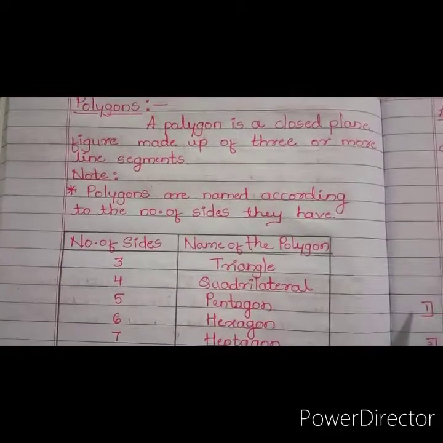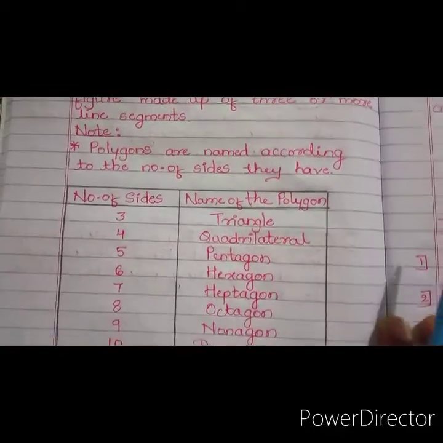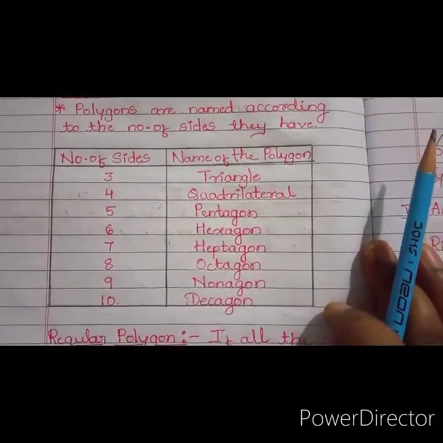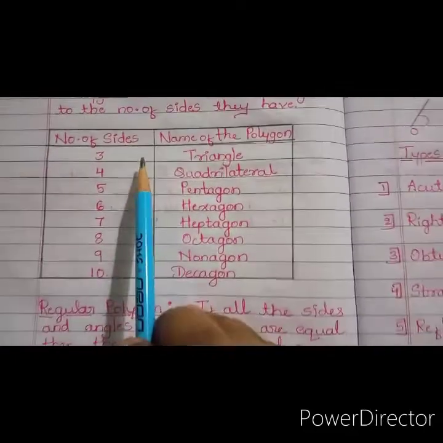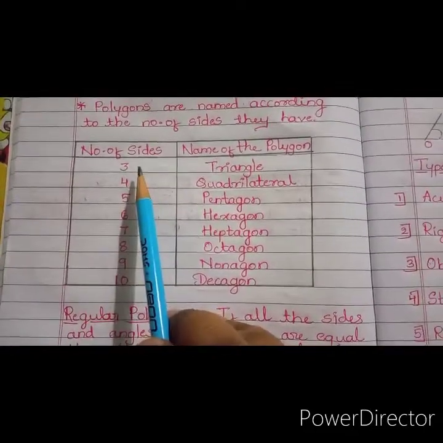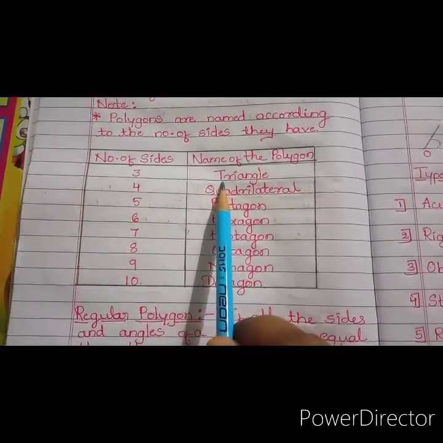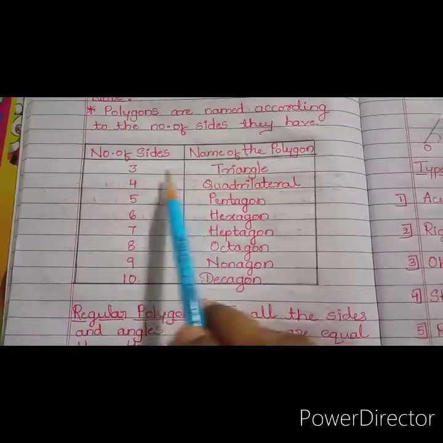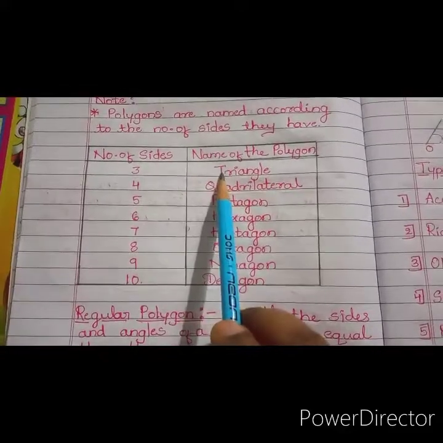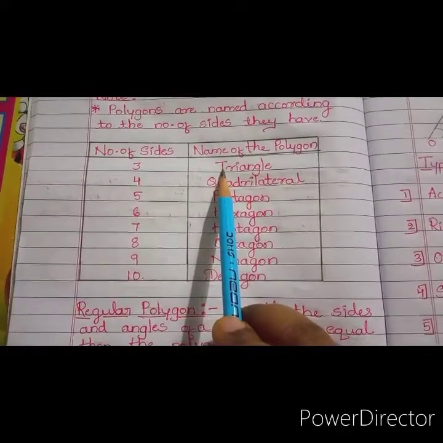So here are the name of the polygon and the number of sides. If the number of sides is 3, the name of the polygon is triangle. That means it has 3 sides, 3 vertices and 3 angles.